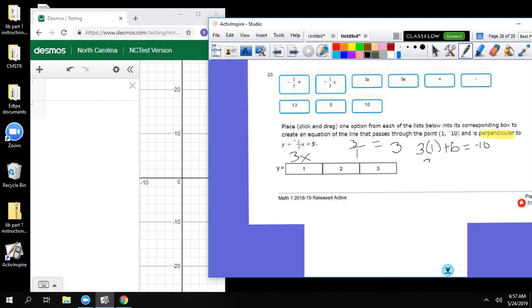So I have positive 3 plus b is equal to negative 10, and I'm going to subtract 3 from both sides because my goal is to get b all alone so that we can define it. So we have 3 minus 3 is 0, so that leaves me b on one side, and on the other side, I have negative 10 minus 3. Well, if I'm subtracting a negative from a negative, it's really like adding the two together and giving it a negative sign. So I have negative 13 for b.